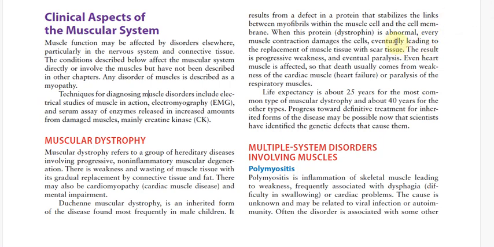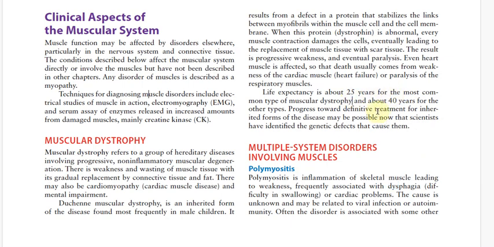And here you also have another good word, polymyositis, which is the inflammation of a skeletal muscle leading to weakness, frequently associated with dysphagia, which is difficulty in swallowing. I've already told you about this, DIS or DYS.